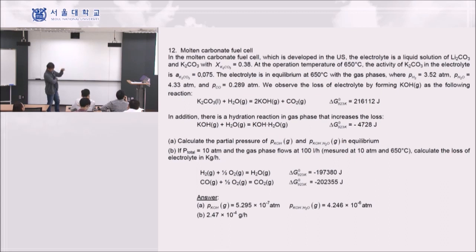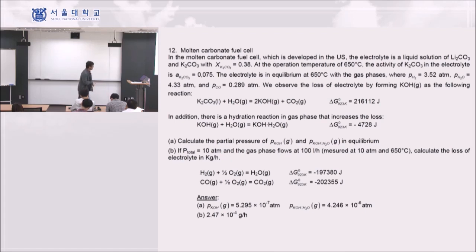So by the chemical reaction between the molten carbonate and the gas phase, potassium evaporates from your molten salt. It can change the chemical composition of your molten carbonate, which can eventually affect the stability of this fuel cell.